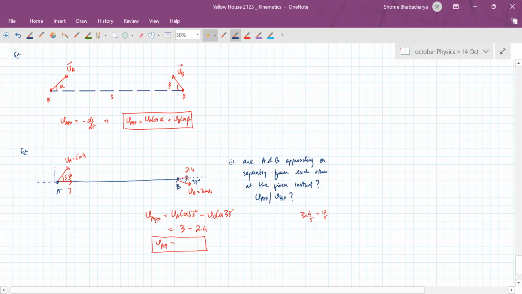The distance, see, two objects cannot simultaneously have separation and approach. You're understanding the point? They are either approaching each other or they are separating from each other, because the distance between them at the given moment is either increasing or decreasing. No, is the point clear? Yes, sir. I was just telling that the velocity of separation along the y-axis is greater than the velocity of approach along the x-axis.